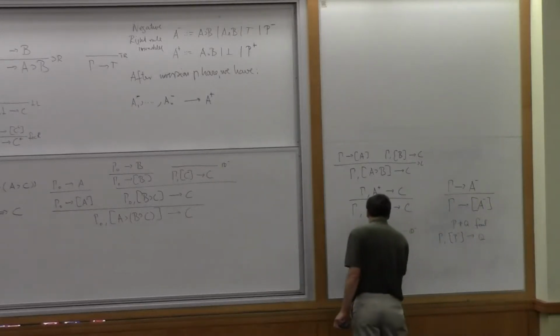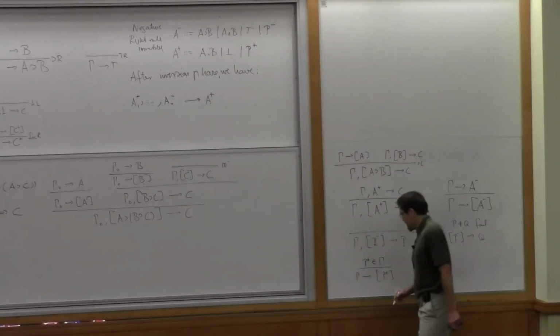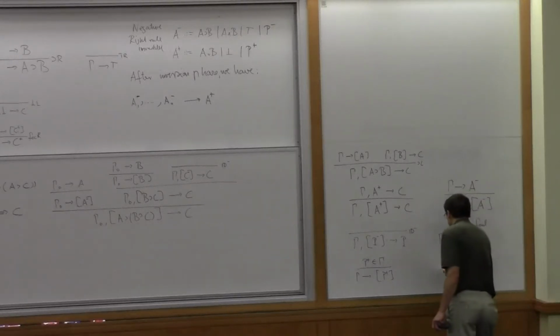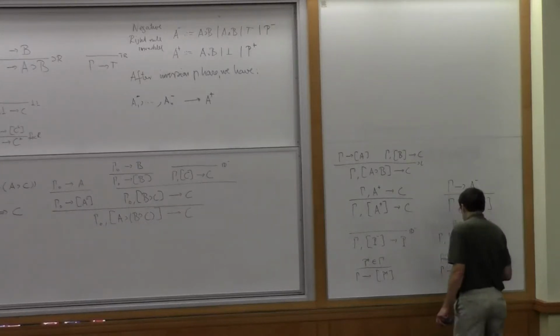So we succeed if P is already in gamma. So if we already have that assumption exactly matching what we're trying to prove. And the important part of that is if you have gamma and you're focused on P plus, then you fail if P plus is not in gamma.